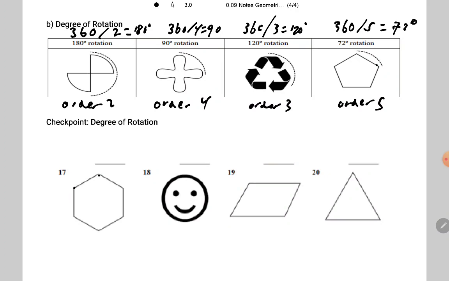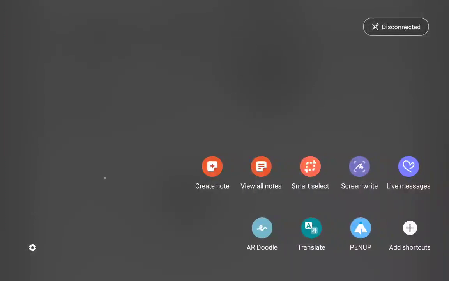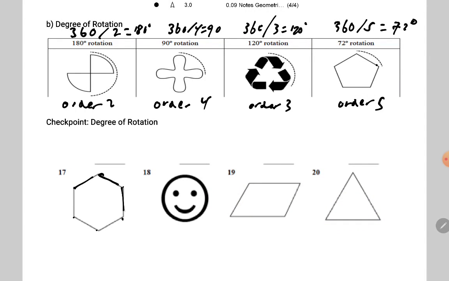So we have 1, 2, 3, 4, 5, 6 sides. Now let's assume that this is perfect, that all the sides are the same.